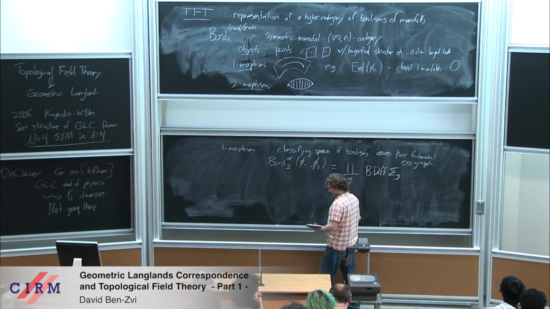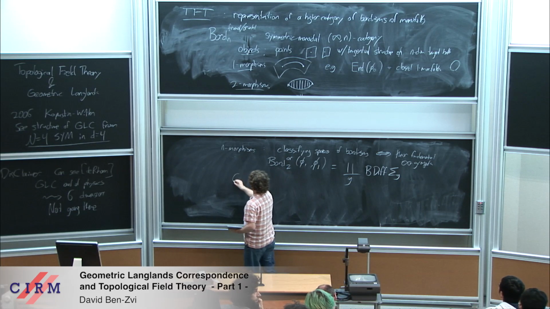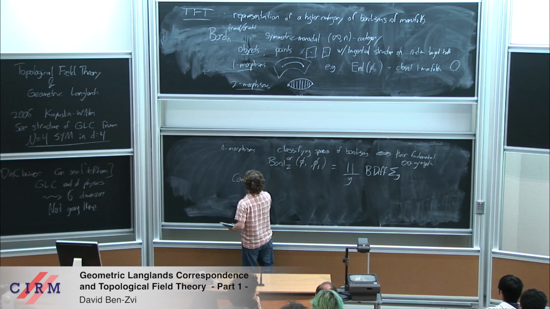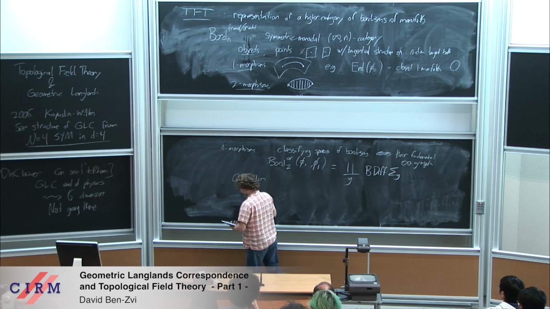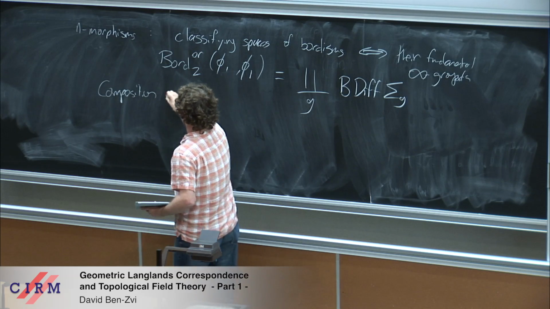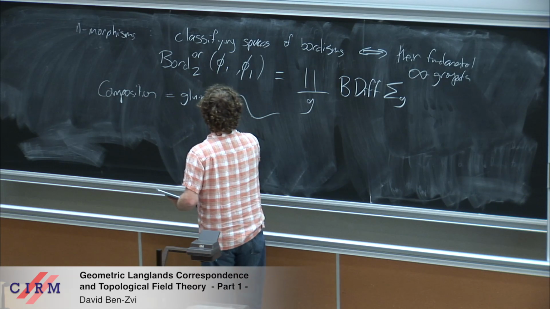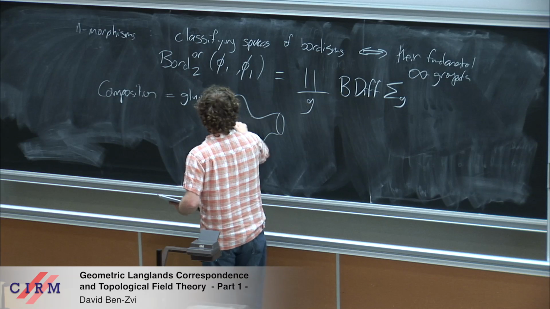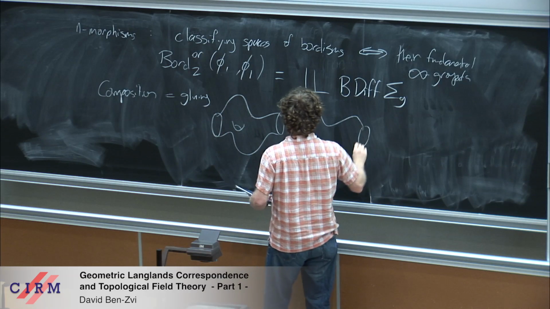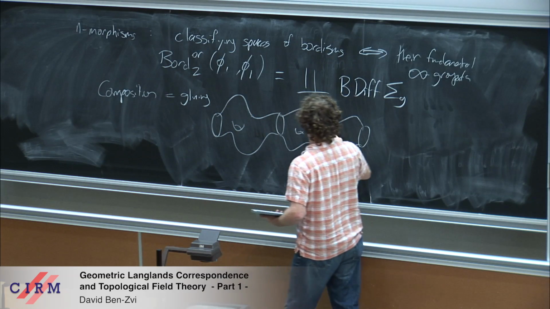Okay. So I'm not going to spell out everything. To make this into a category, there's a lot of structure, but very schematically, the composition is given by gluing. So if I want to compose some bordism with some other bordism, I'm sure everyone has seen lots of pictures like this.